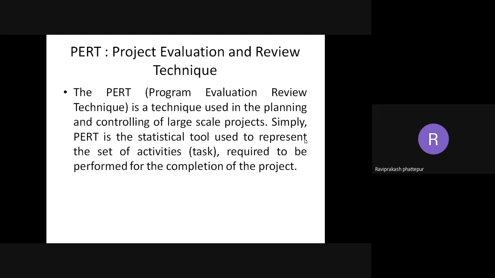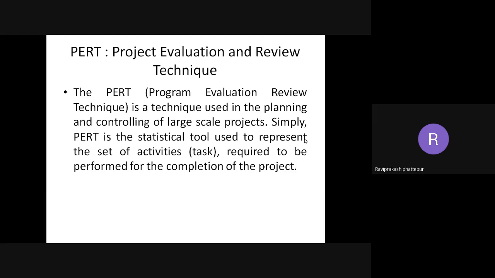PERT is a statistical tool used to represent the set of activities. A project is not only one thing. There are a lot of activities which need to be done one after the other, or some which run parallelly, to complete that project.